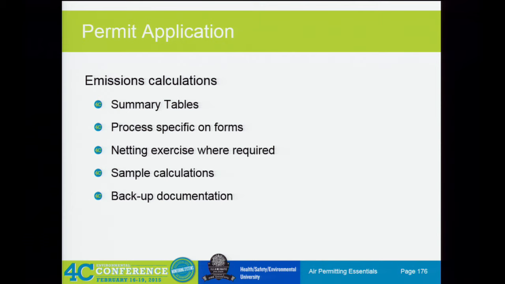For each one of the calcs, if you're doing 100 tanks, then you can just submit 100 rows and do one sample calculation. So if you're doing something that's very repetitive, you can do a sample calculation and then do the very repetitive thing.